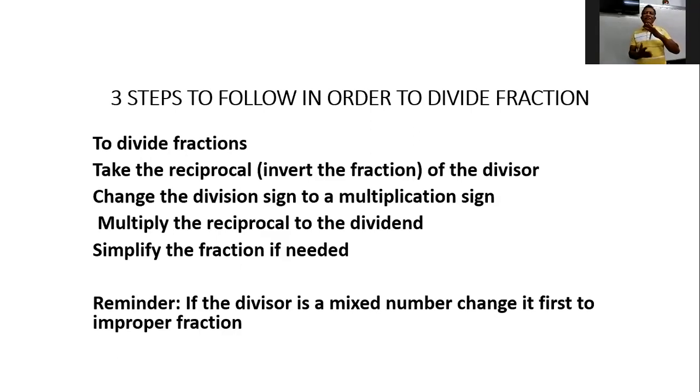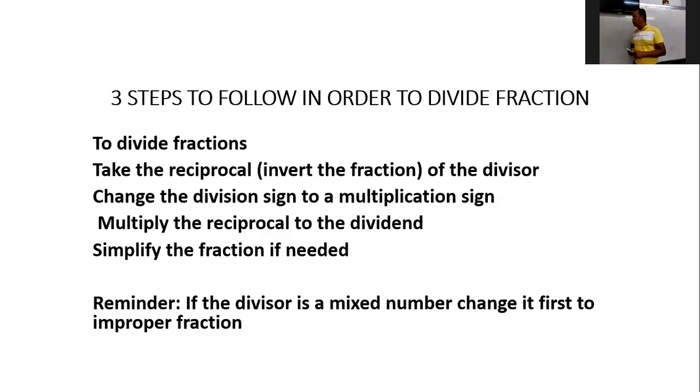Then, when you have inverted the divisor, multiply the reciprocal to the dividend. In other words, multiply the fraction that you have inverted to the dividend and simplify the fraction if needed.